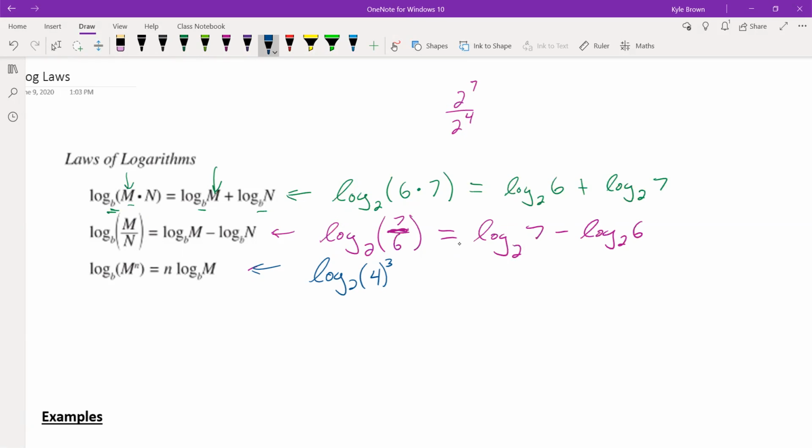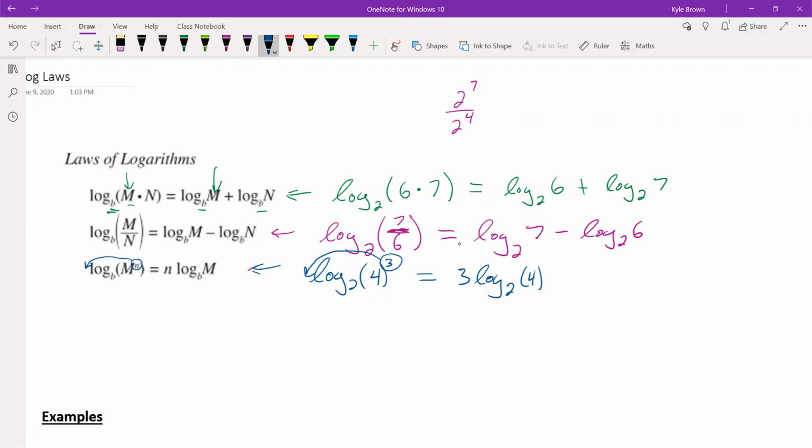The only difference is that the n that is up in the exponent is now down in front. You can just grab it and throw it down in front of the log. So in this case, we take this exponent on the 4 and put it down in front of the log. That'd be the same as 3 log base 2 of 4.